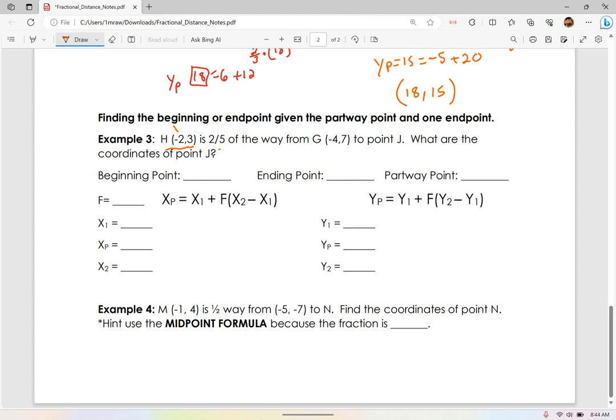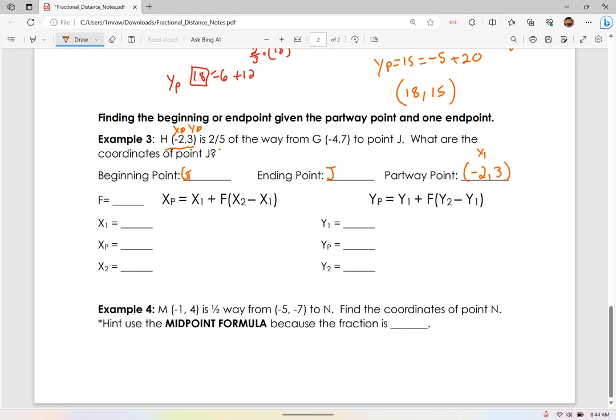So this is the xp, yp, right? That's the fractional point. That's what we're looking for. Our beginning point is going to be G, and our ending point is going to be J. And J is what we're looking for. We have our partway point, which is going to be -2 comma 3.